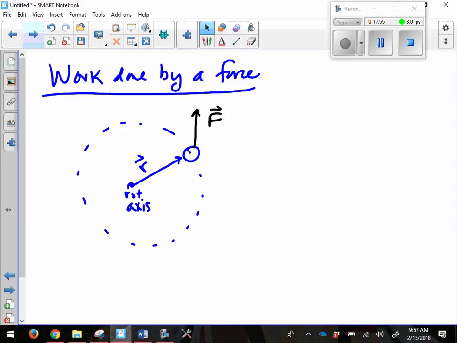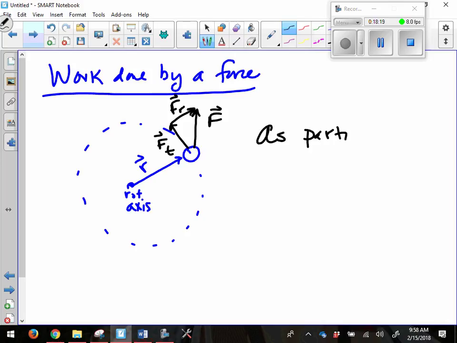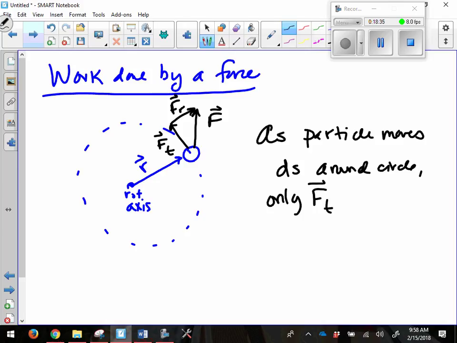All right? So I've got my particle that's moving around in a circle. It has a force, but of course, I can break that force into a tangential component and a radial component. As the particle moves some ds, so some really small distance, a differential, around the circle, only the tangential component matters. Yeah, the radial part is just changing the direction.